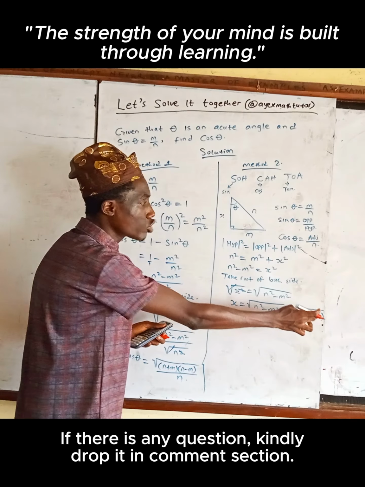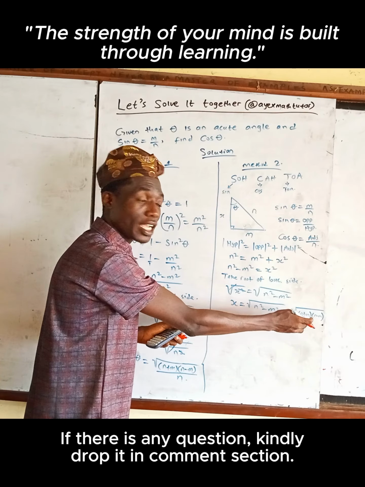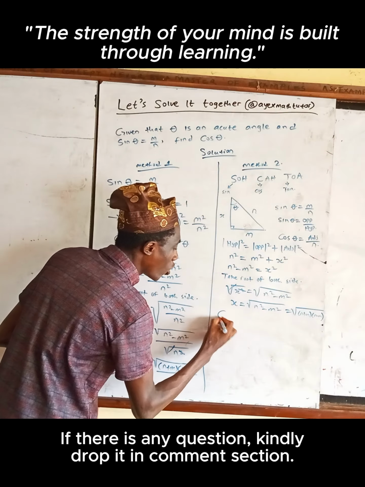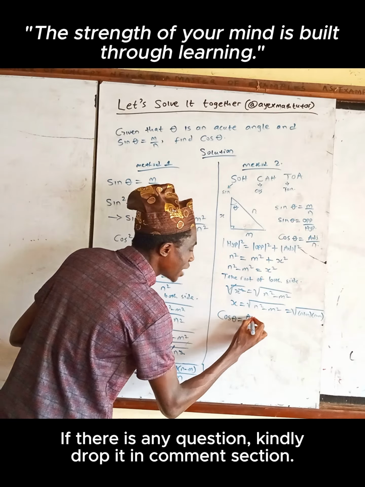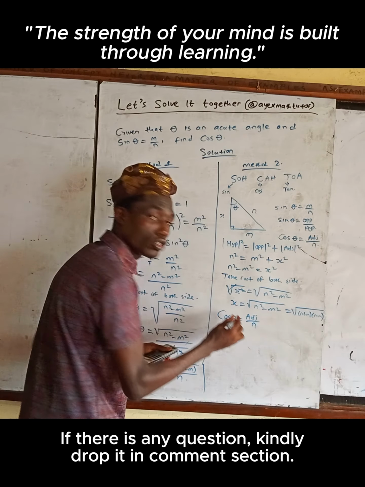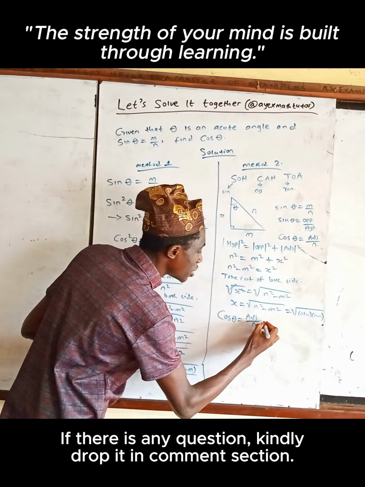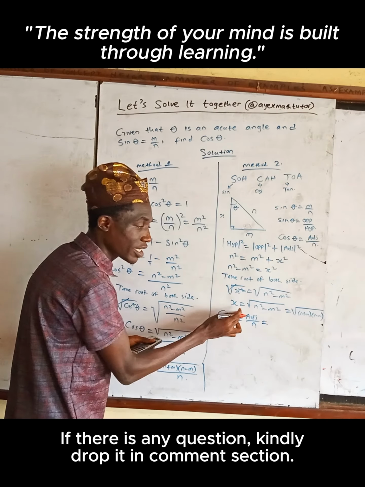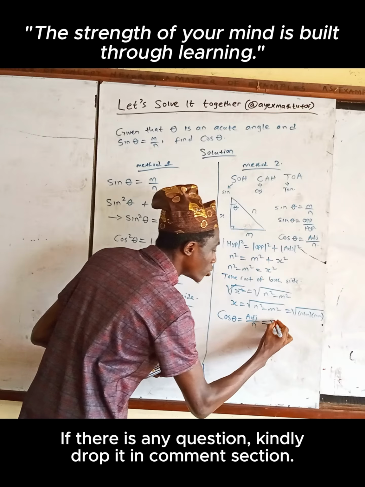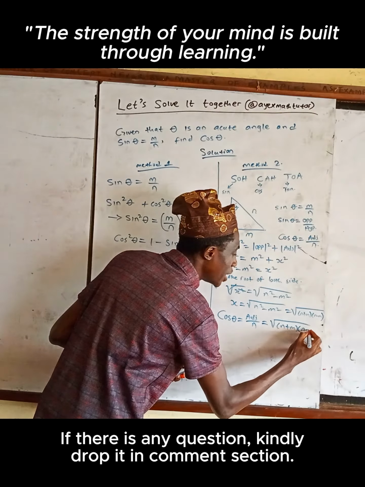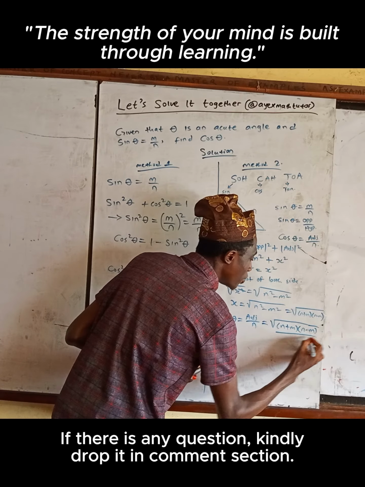All you have to do is substitute that adjacent back to where you got your expression from. So your cos theta is equal to adjacent divided by n. Don't forget, we have already got our denominator, which is n. And our adjacent is the square root of n plus m, n minus m, difference of 2 squares, then divided by n.